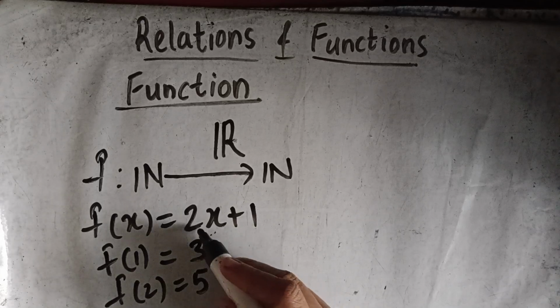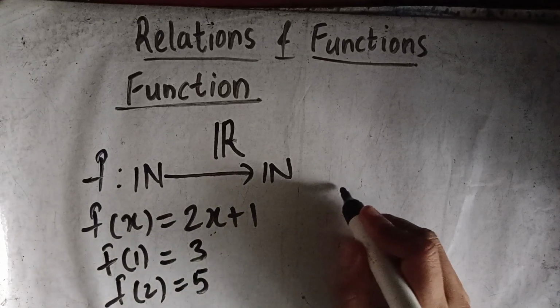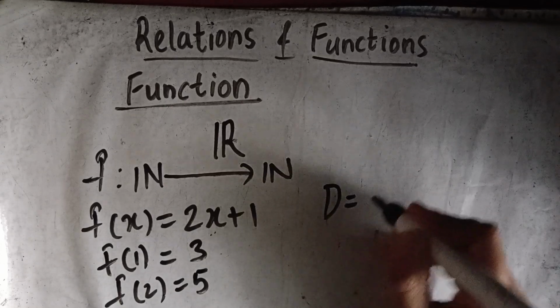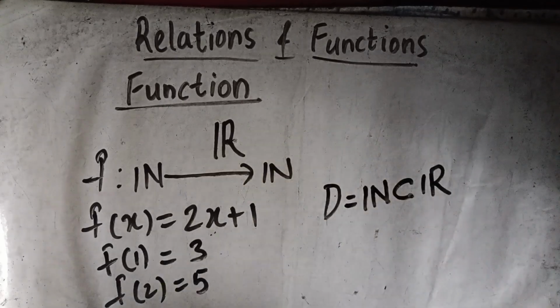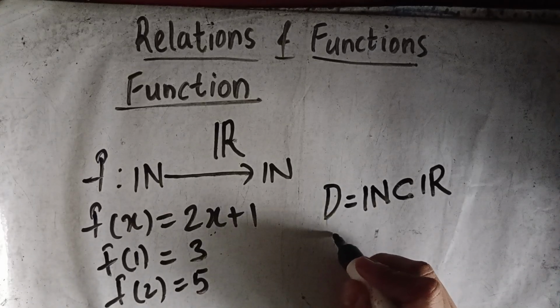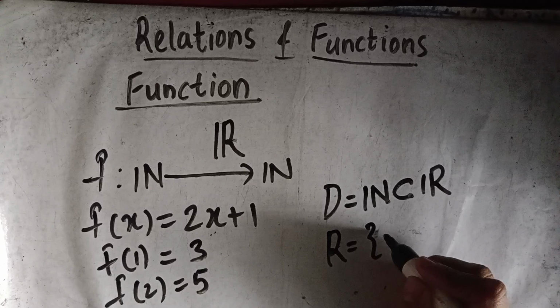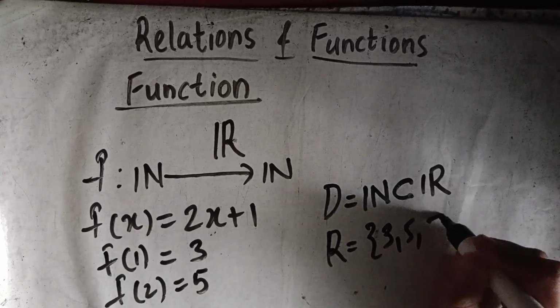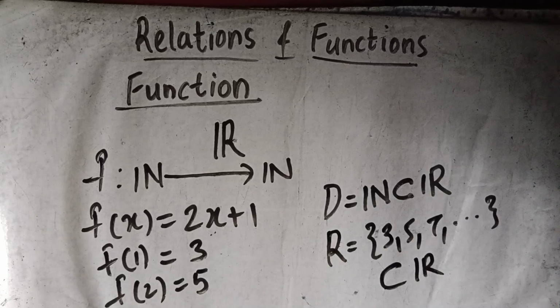The domain is the set of natural numbers, which is a subset of real numbers, and the range is 3, 5, 7 and so on, which is a subset of R again. So this is a real valued function.